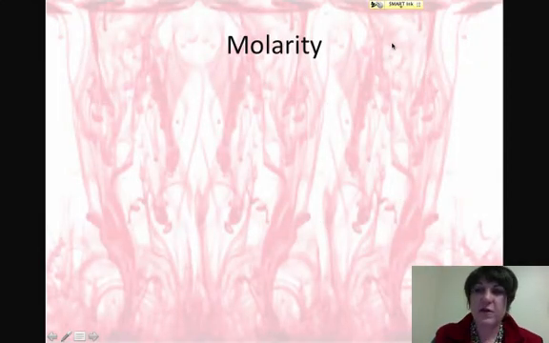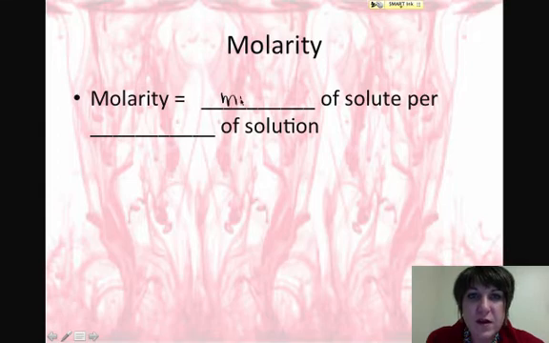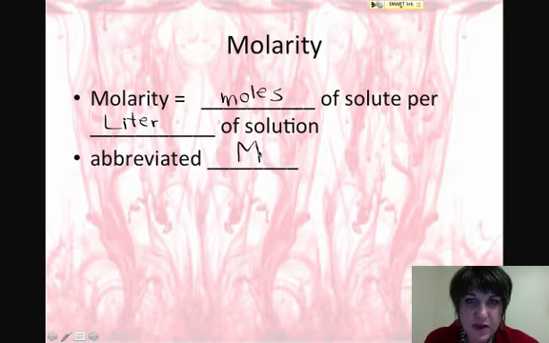What we do use, however, is molarity. Molarity is a handy unit of concentration because it allows us to express the moles of the solute for every liter of solution. It's abbreviated with a capital M. So when you see a big M, then you'll be thinking molarity.